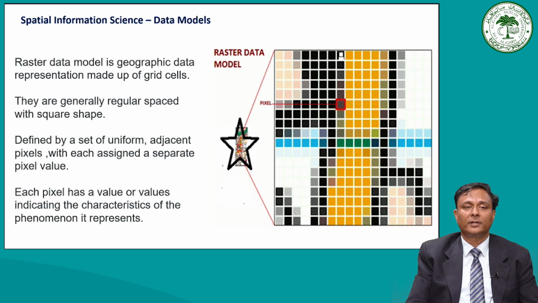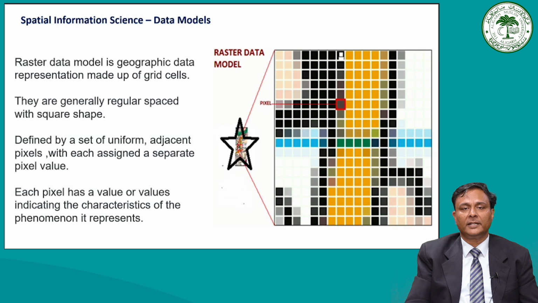One is its location on the x-axis, another is its location on the y-axis, and the third one is the attribute information. And that is how raster data is arranged for representing any earth phenomena in the form of spatial information.